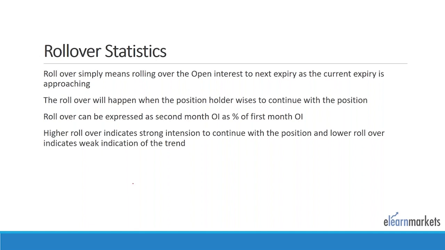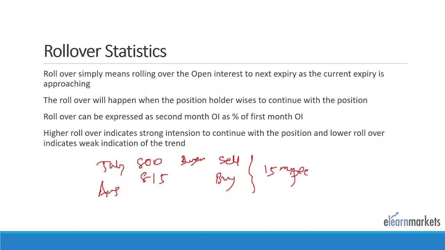If you are a buyer of a contract and next month is trading at a higher price, say for example the July contract is trading at around 800 and the August contract is trading at around 850, and you are a net buyer and you have to roll over your position to the next month contract, you sell this and you buy this. So in effect, you pay 15 rupees as a rollover cost.